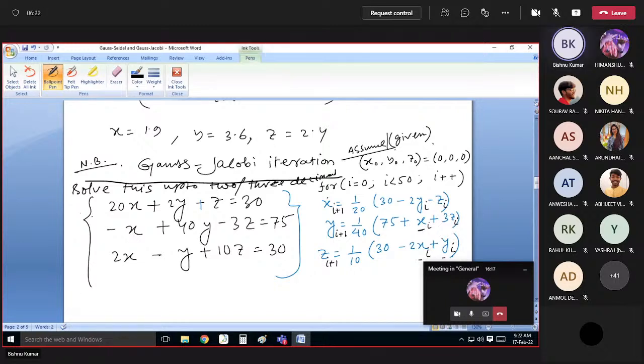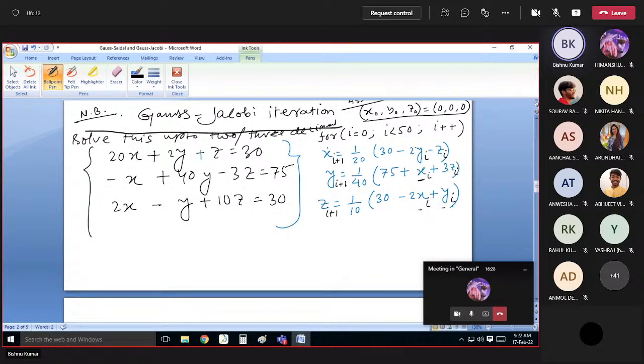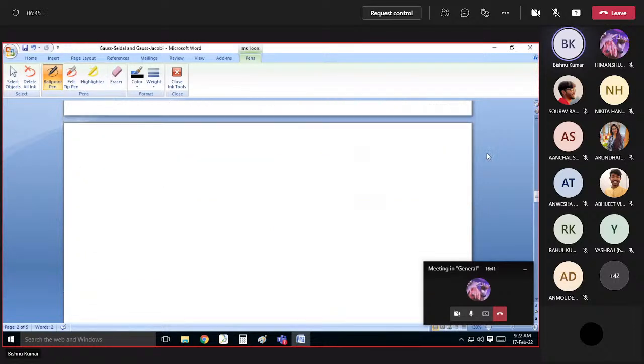Using the initial condition, or sometimes the initial condition is not given to you. Then as I told you, by default it will consider 0, 0, 0. That idea I also told you in the last class. So suppose the initial value is not given, you may consider initial values x0, y0, z0. What will be the first iteration? That formula you just try to remember for the iteration steps. I am writing the first iterative values here.